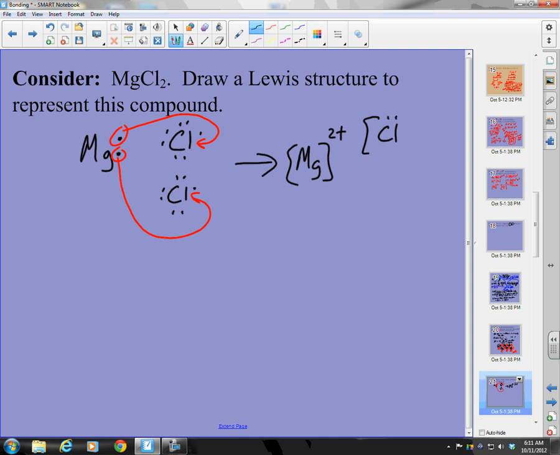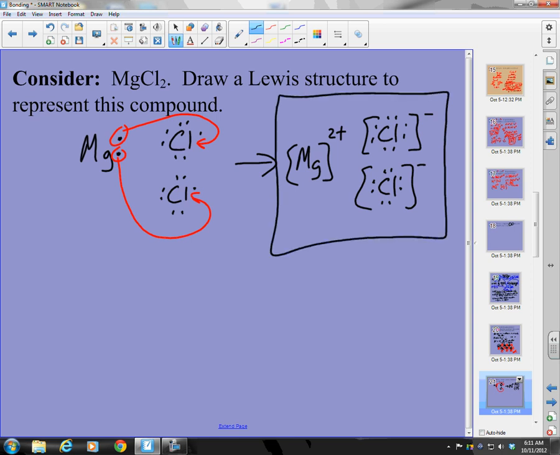And each of my chlorides has 8 valence electrons and a negative charge.